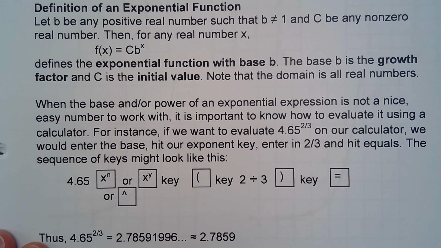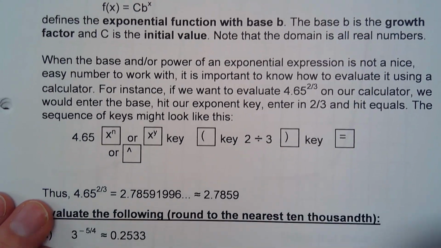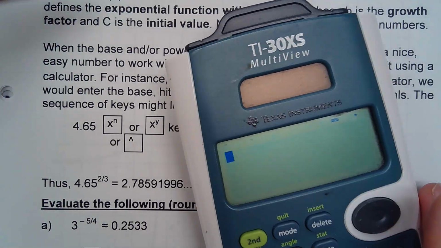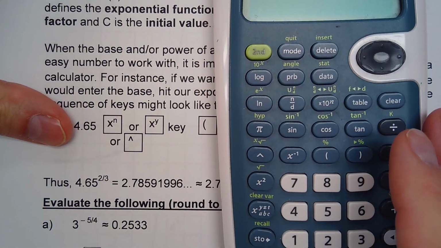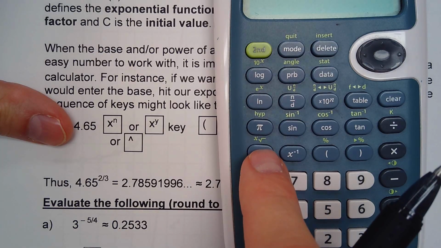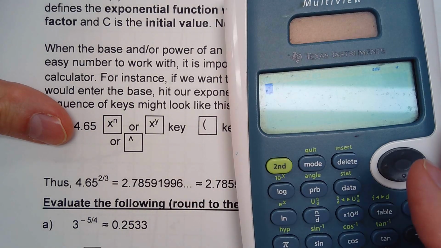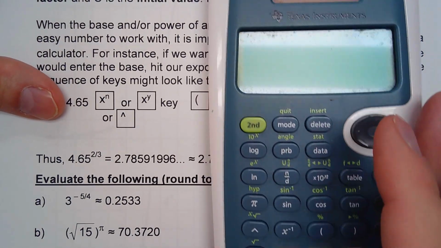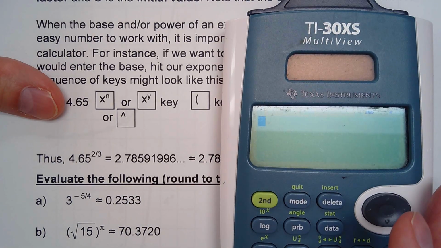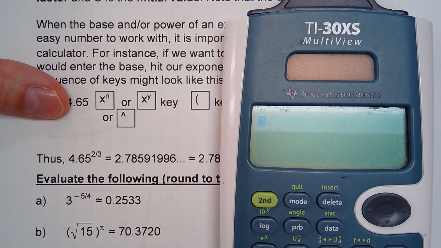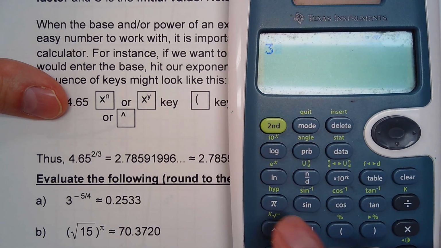For those that are using your TI-30XS, your magical key is going to be the caret key right here. It's catty corner from the 7. So if I need to enter in 3 to negative 5 over 4, I type my 3. I'm going to hit my caret key. So again, I'm hitting this key right here.